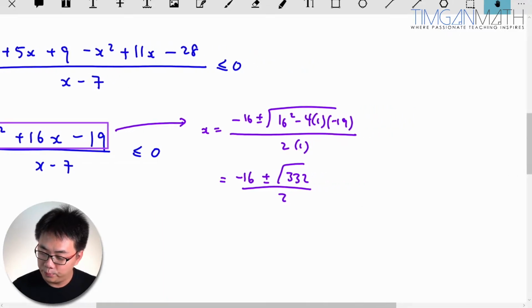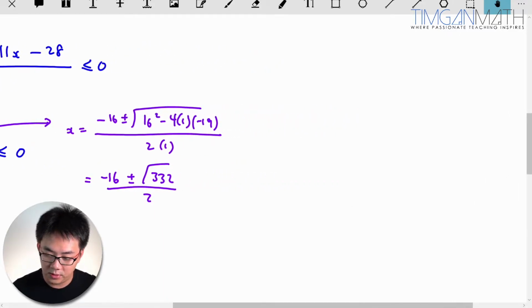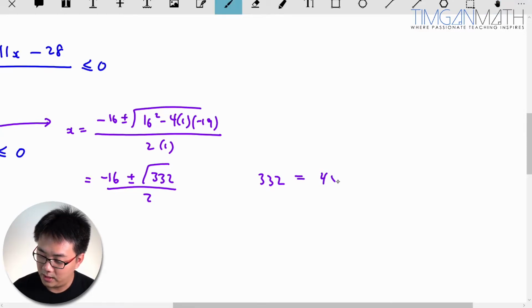One way to rationalize this is to do a quick check. This is 332, right? You just divide by the perfect square, so divide by 4. 332 divided by 4 is 83, so 332 is 4 times 83. Is 83 a prime number? You can check.